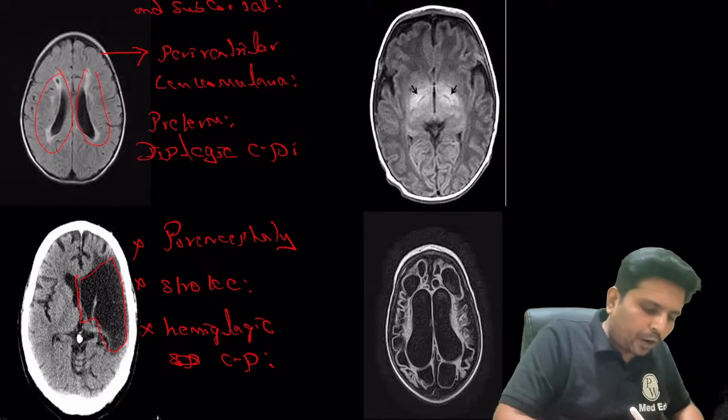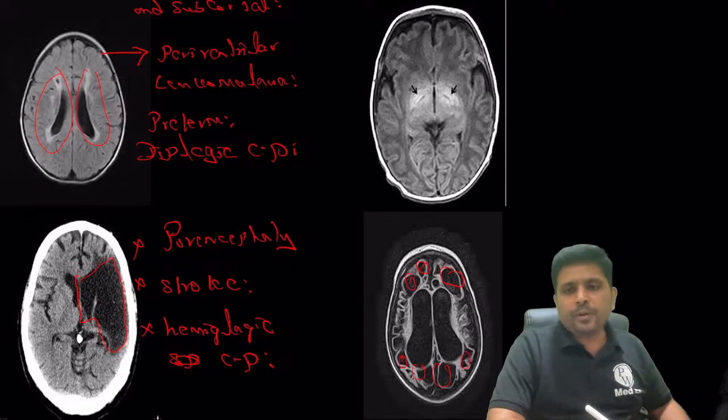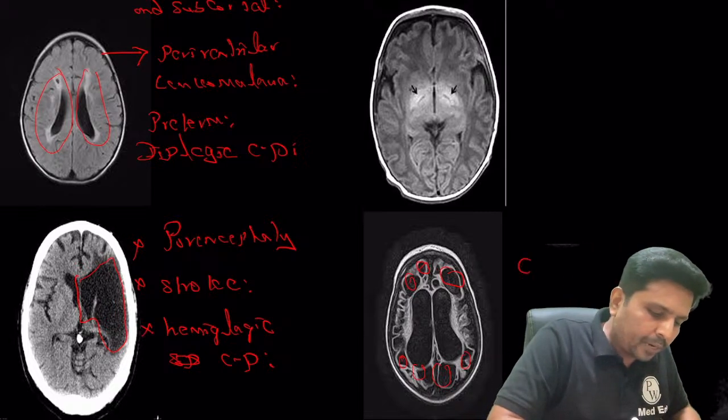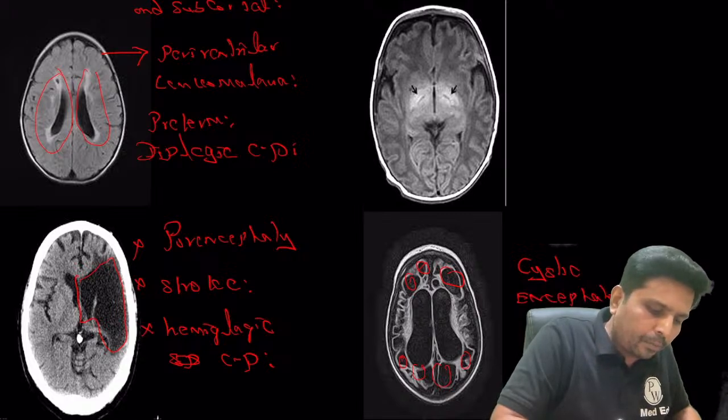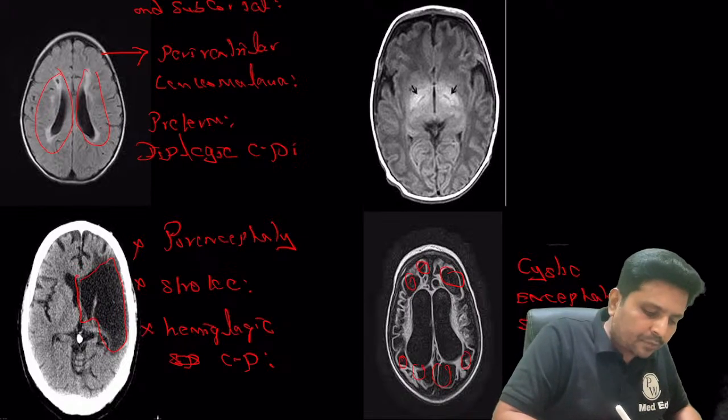Now, what is this? Multiple areas of the brain have numerous cysts, and this is called cystic encephalomalacia, suggestive of severe birth asphyxia.